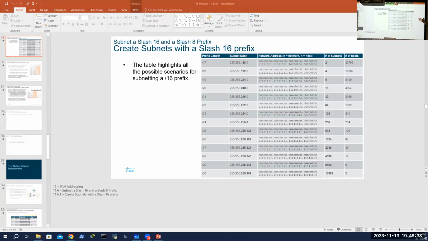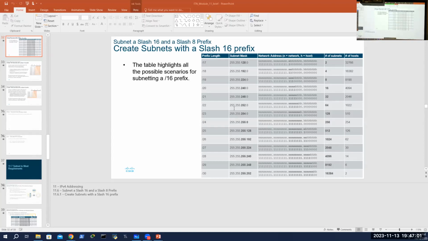In this table, they're saying, assuming that your original network ID is a /16, then if you subnetted and added 12 bits, went from a /16 to a /28, 2 to the 12th would give you 4,096 subnets. So it depends on where you start from.